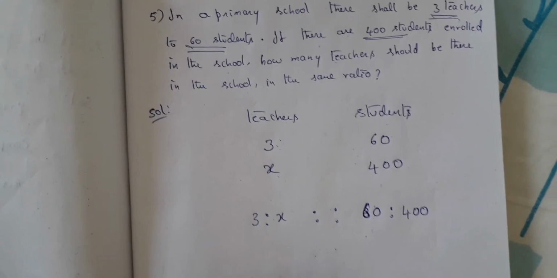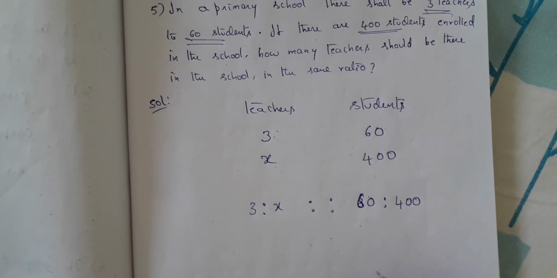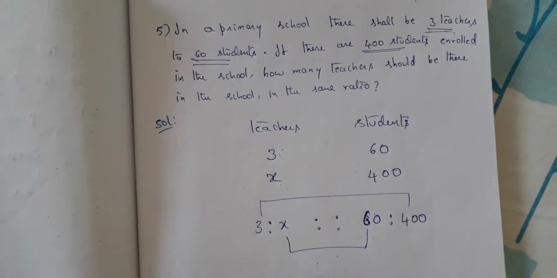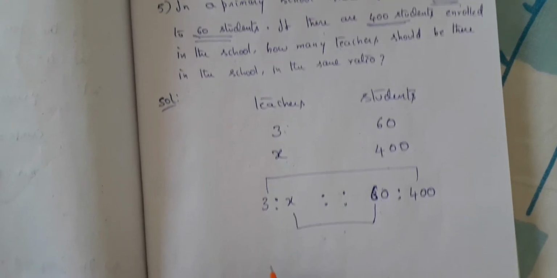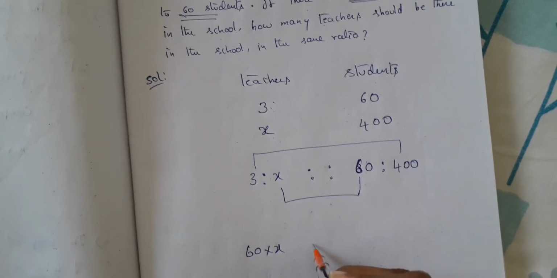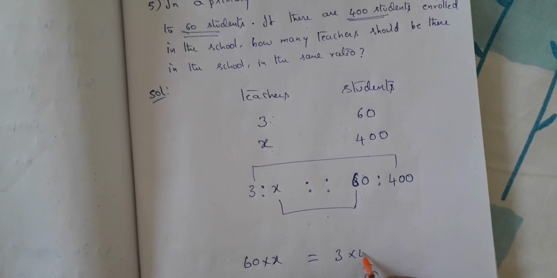Now we are doing it only by the proportion method. Product of means is equal to product of extremes. So product of means: 60 into x is equal to product of extremes, 3 into 400.